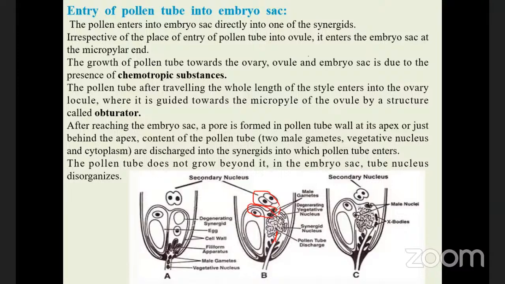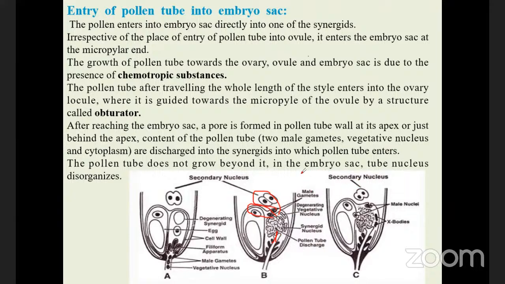Okay, so the pollen tube growth will take place up to the synergid cells only. It can't grow beyond the synergid cells.